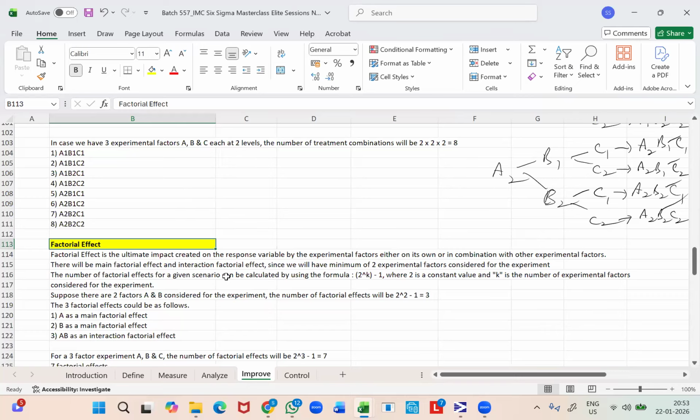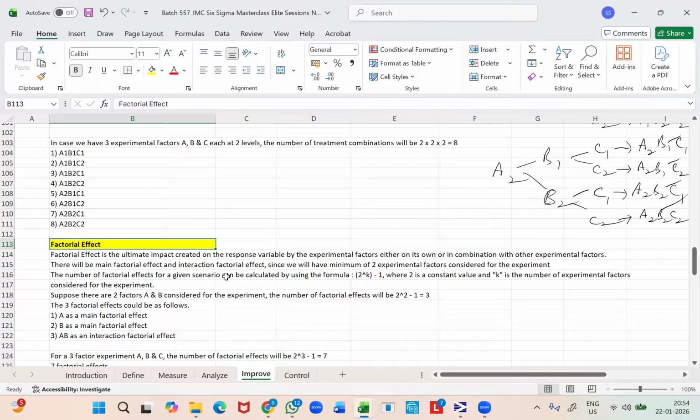Here the number 2 is not the number of levels, right? Number of levels do not have any role to play as far as the determination of the number of factorial effects is concerned. So 2 is a constant value and k is the number of experimental factors considered for the experiment, right? So 2 to the power of k minus 1.